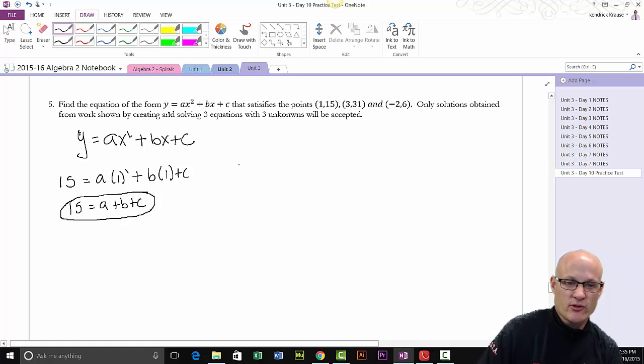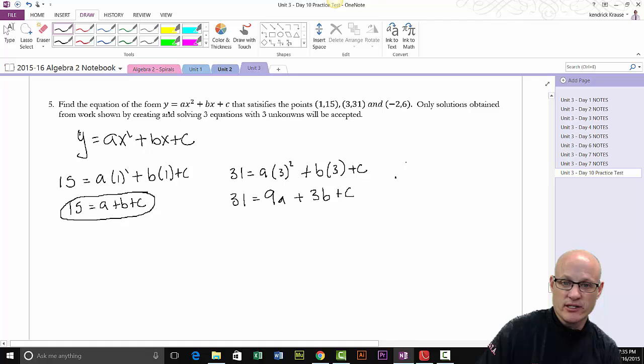My second equation is 31 goes in for y, and 3 goes in for x. So it's a times 3 squared plus b times 3 plus c. Well, this equation is 31 equals 9a plus 3b plus c.